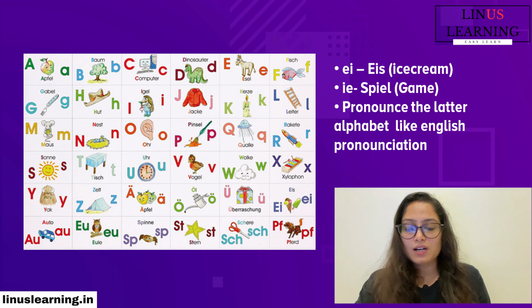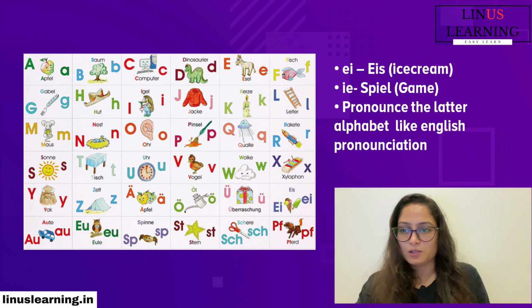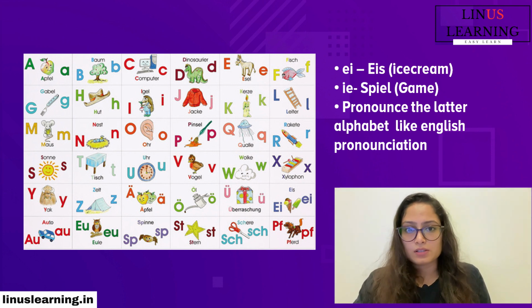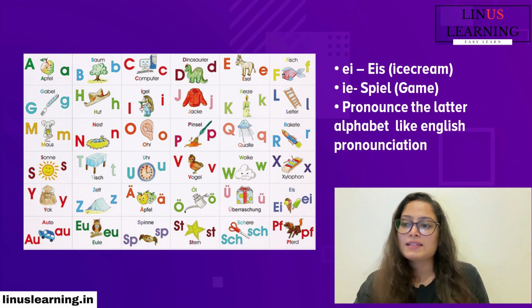W wie Wolke, Wolke, clouds, okay? X wie Xylophon, xylophone, Y wie Yak, yak, okay?